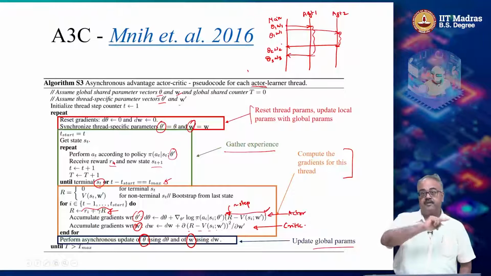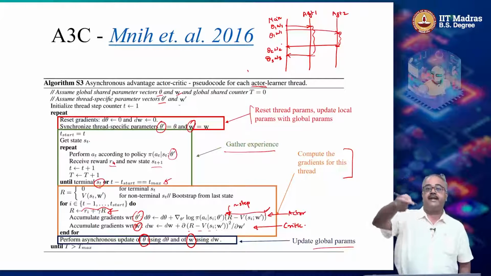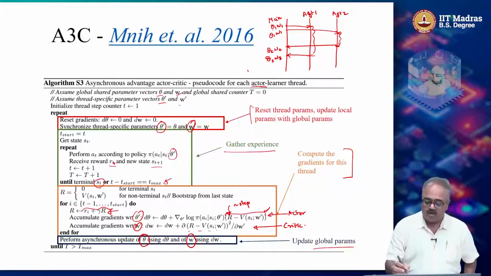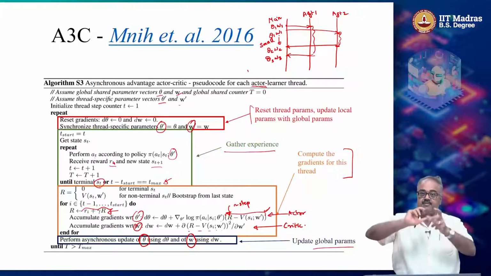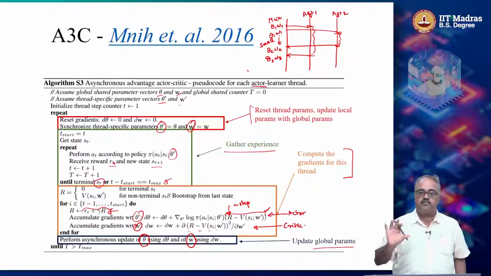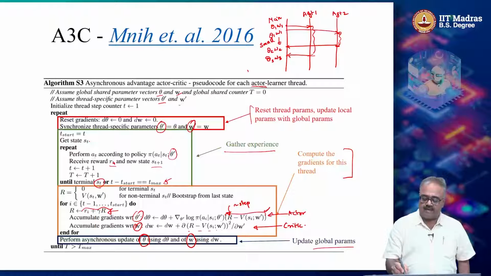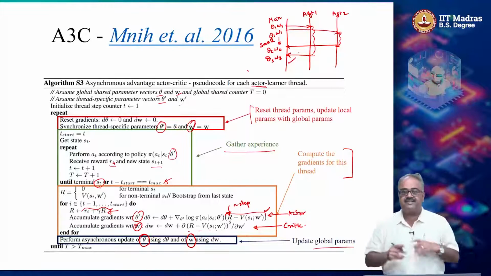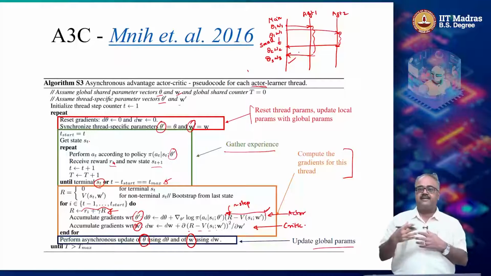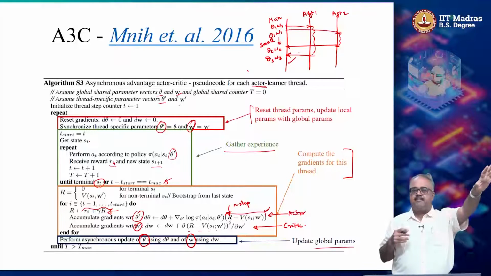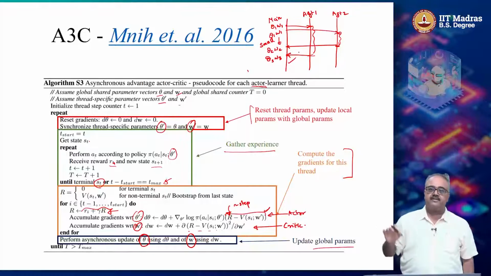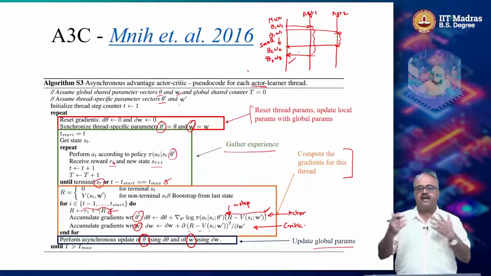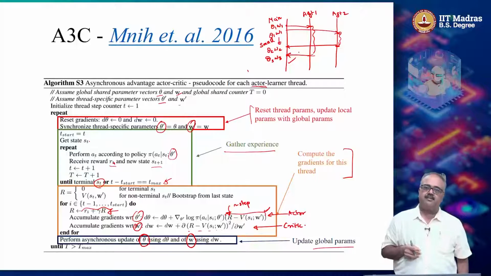As long as the magnitude of the change from theta 1 to theta 2 and w1 to w2 is small, the gradient I am using will be okay. But if this change is very large, then I am computing a gradient at some point in the weight space and using it to update the values at some other point. That becomes an issue.